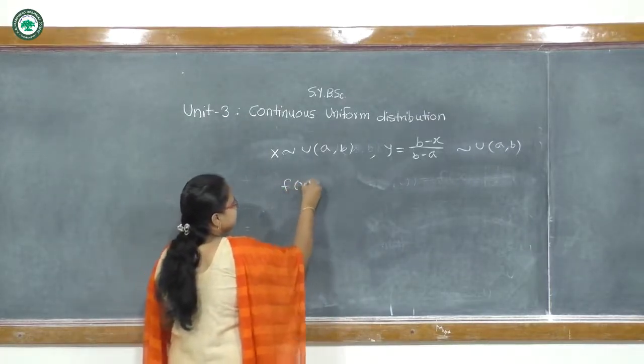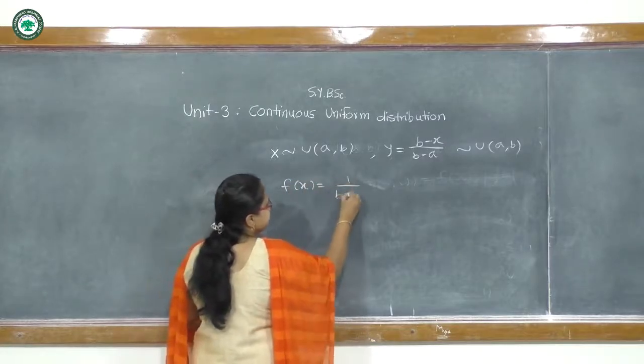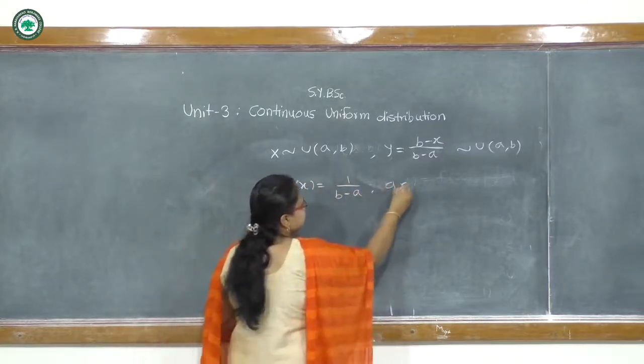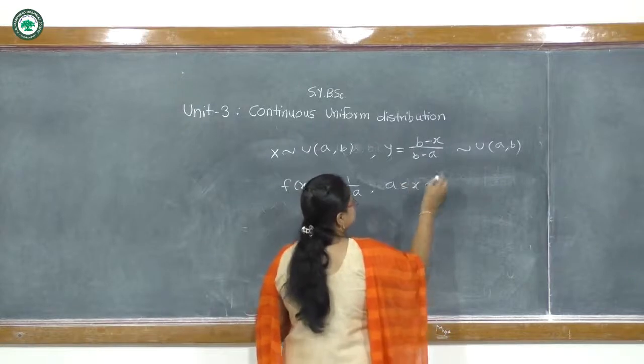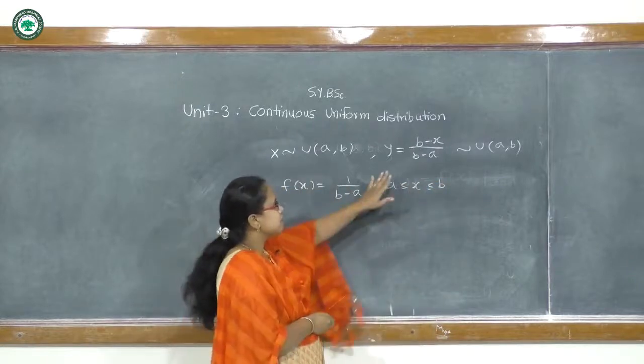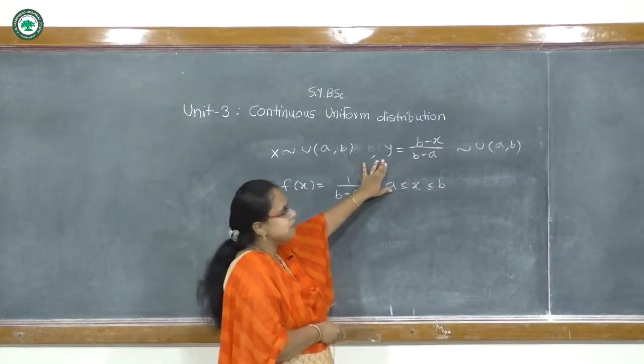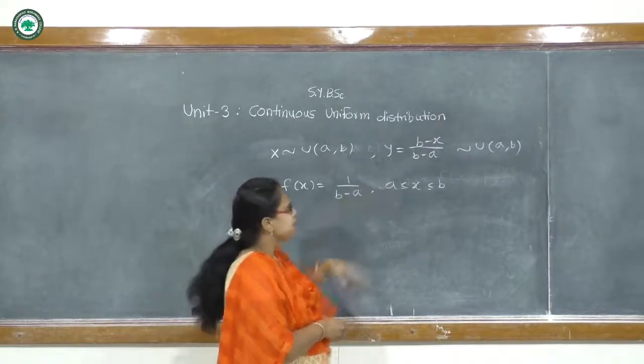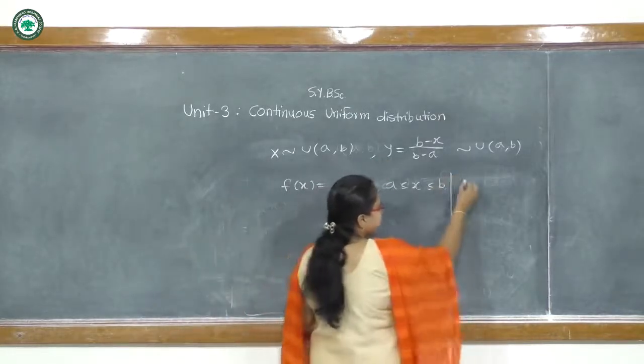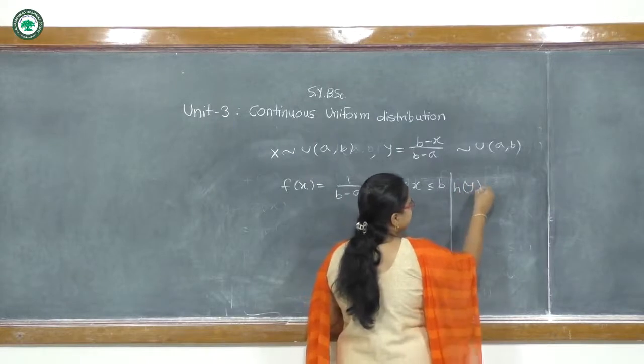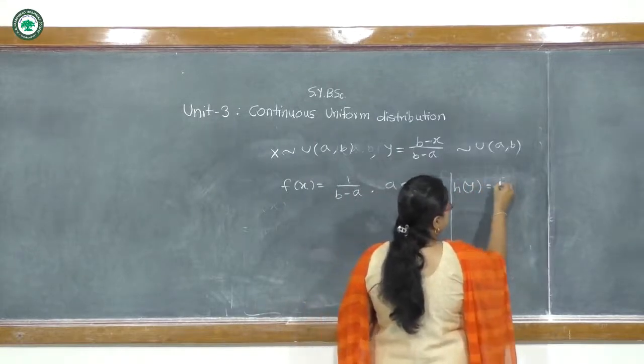So f of x equal to 1 upon b minus a. Here y is a monotonic function and we can use the transformation method. So I am writing here h of y.